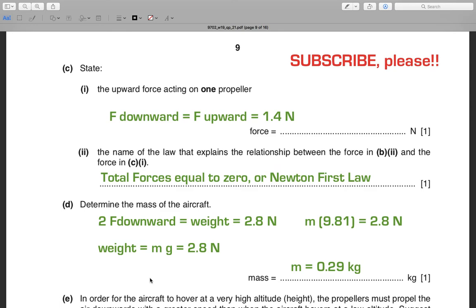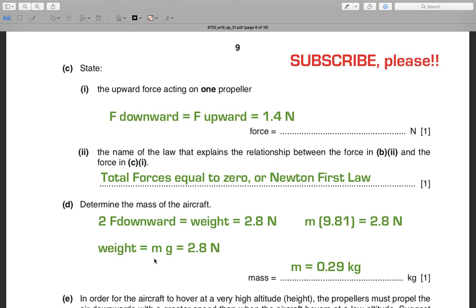Okay. Question: determine the mass of the aircraft. Yes, because the aircraft has two propellers, we can say two times the downward force equals the weight. We know the downward force is 1.4, so times 2 equals 2.8 newtons. So weight equals 2.8 newtons.